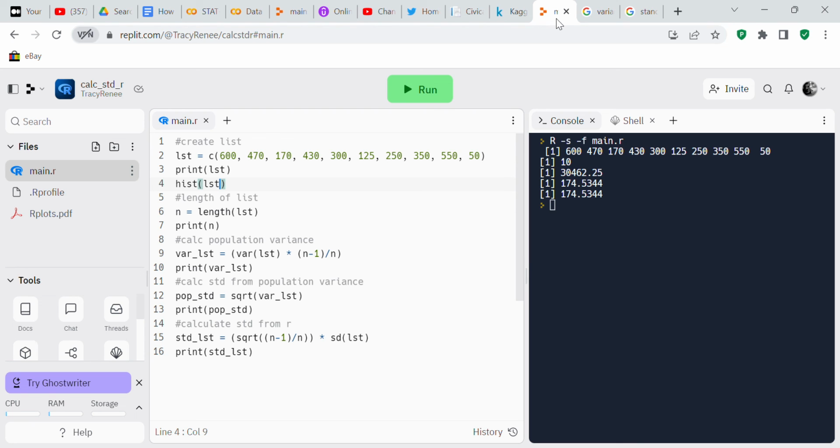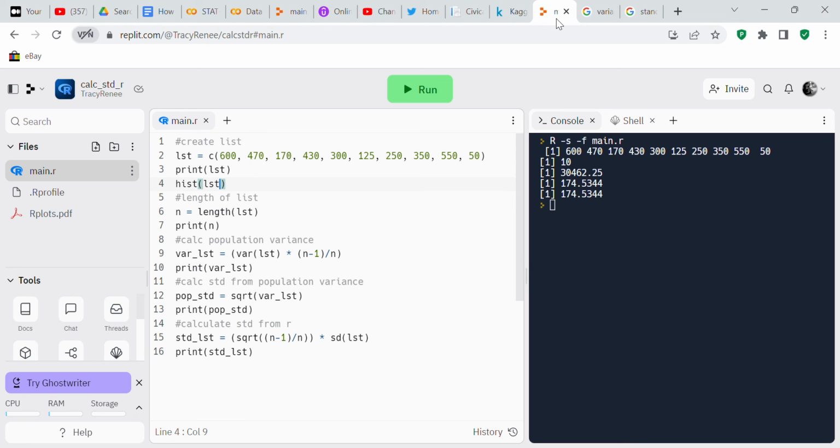So if you want the calculation for the sample, then you would just take out the n minus 1 over n, and you would take out the square root of n minus 1 over n. But I just thought it would be a really neat idea to show you how you can calculate the population.